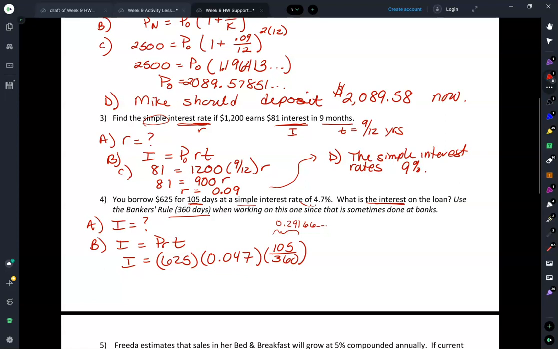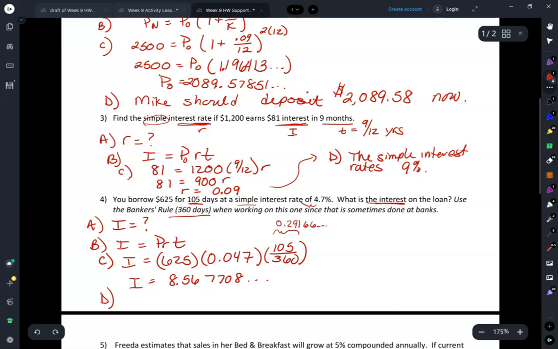If you hit enter, you should get 0.013708, then times the 625. And I will get I equals 8.567708, so on and so forth. So then my sentence, oh, I guess this was C. This is D. My sentence, I owe $8.57 in interest.